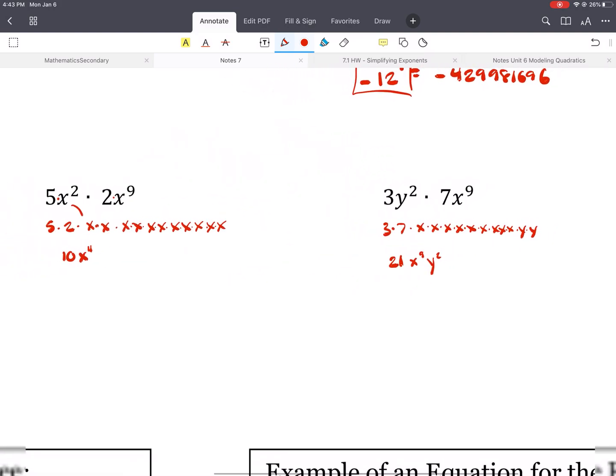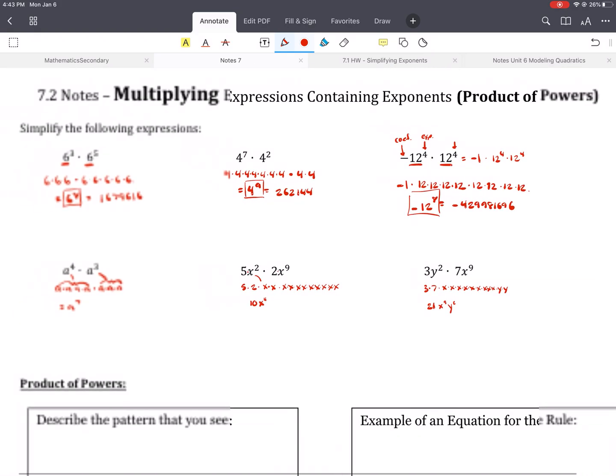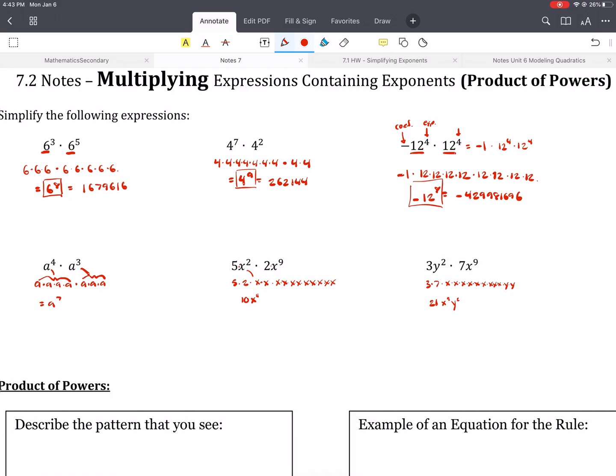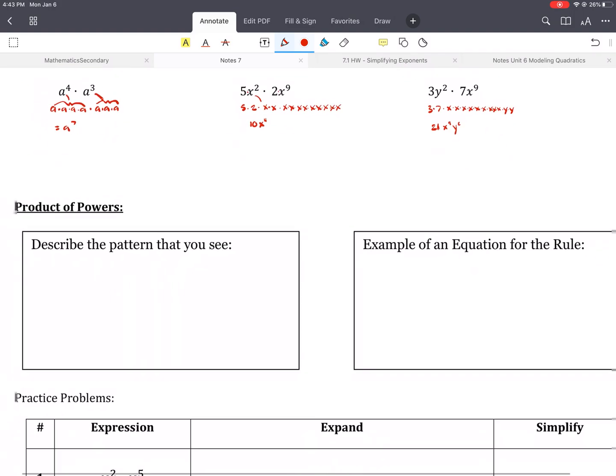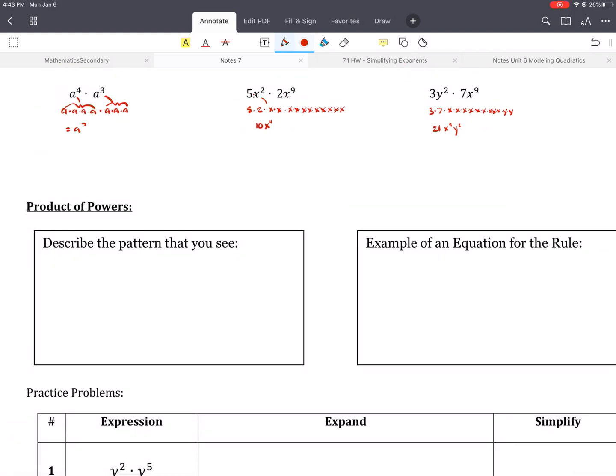So here, looking at these, what is the relationship when we multiply like base pairs? All right, well, let's fill in some information for that. When you multiply terms with same base, they have to have the same base.